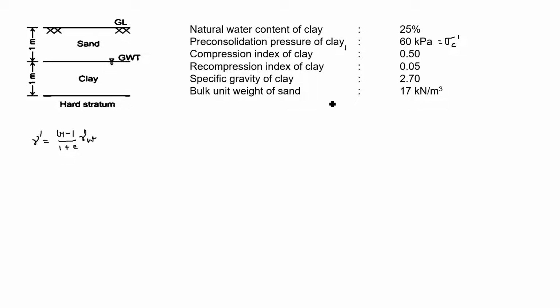Here the G value of clay is given, and we may take gamma w as 9.81 kilonewton per meter cube. Now the e value, that is the initial void ratio of this clay, is not given, but the water content of the clay is given and the specific gravity of the clay layer is given.